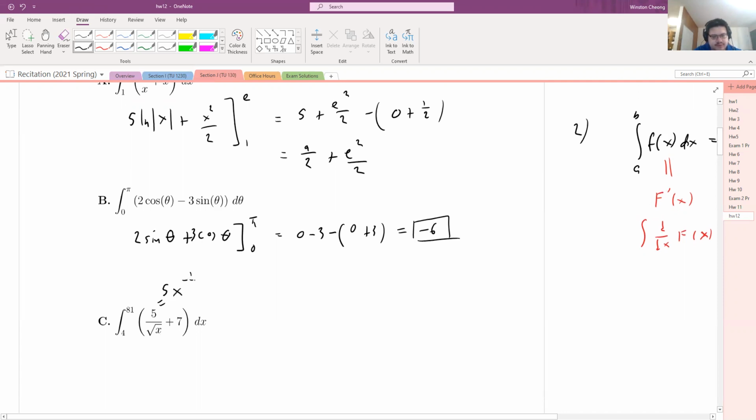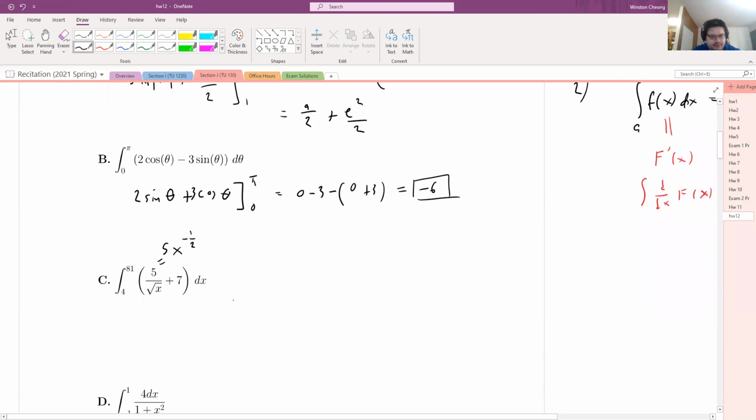So x to the -1/2 power. And we can integrate that. So x is going to turn into a 1/2 power, and then we would normally divide by half. Well, we can reciprocate that, so it's just multiplication by 2. And then we've got a 7x there, and we're evaluating from 4 to 81.